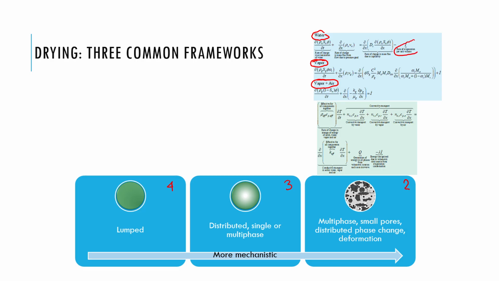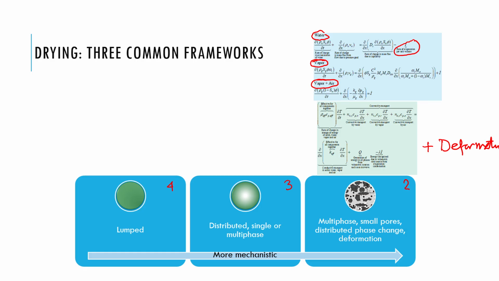So this evaporation term is distributed throughout the food, and also deformation. So this is not everything. The deformation equation I'm not including. They also tend to be quite complex.